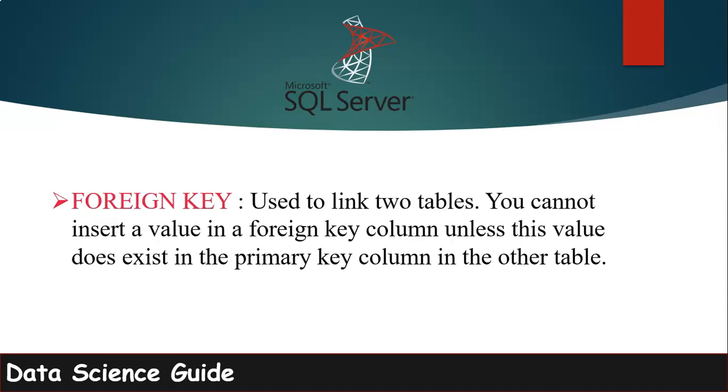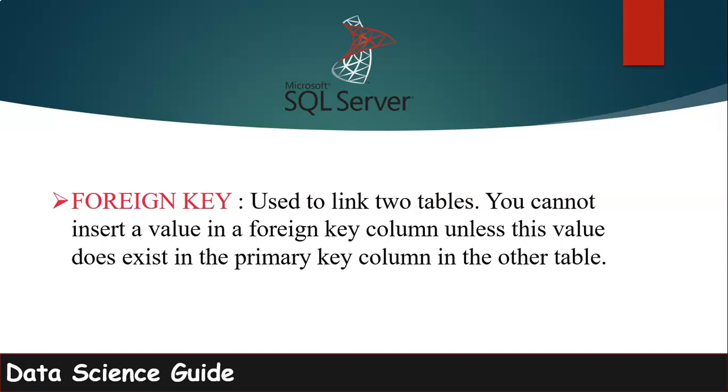And as you learned before, the foreign key is used to link two tables. You cannot insert a value in a foreign key column unless this value does exist in the primary key column in the other table. For example, if you have two tables like department and employee, let's say department ID is the primary key in the department table and the department ID also is the foreign key in the employee table.